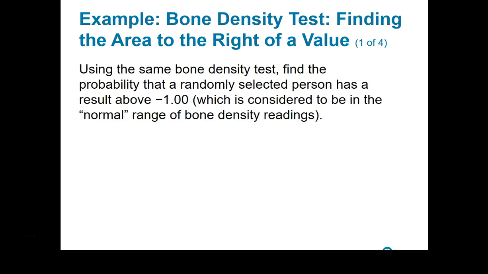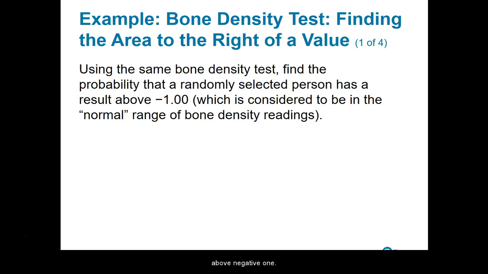So, above -1. Now, due to symmetry, you could also say this is the probability that it is below +1. But we'll go ahead and look at the probability that it is above -1.